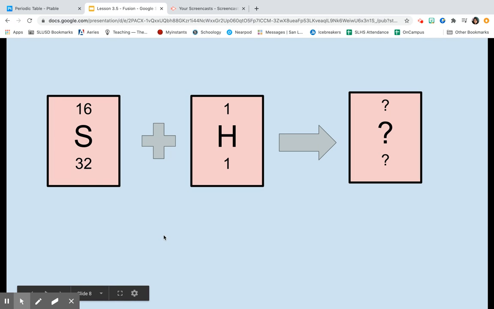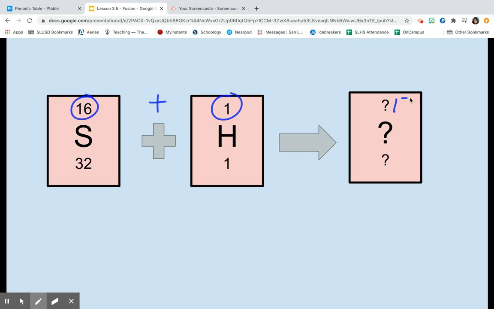All right, so for this element, see if you can tell me how many protons it has and what the mass of this one would be. Okay, so hopefully you recognized that 16 plus 1 will give you 17, right? And the mass is going to be 32 plus 1, which is 33, right?